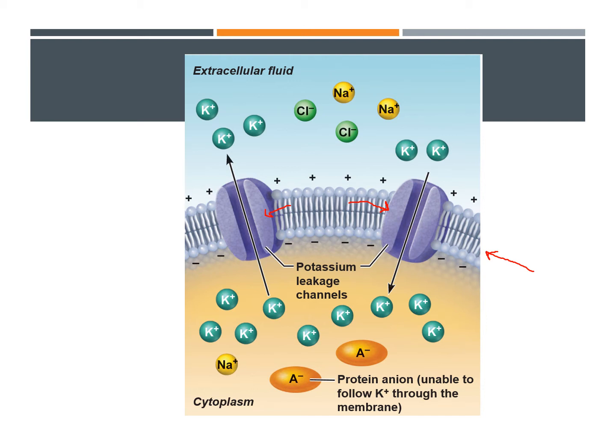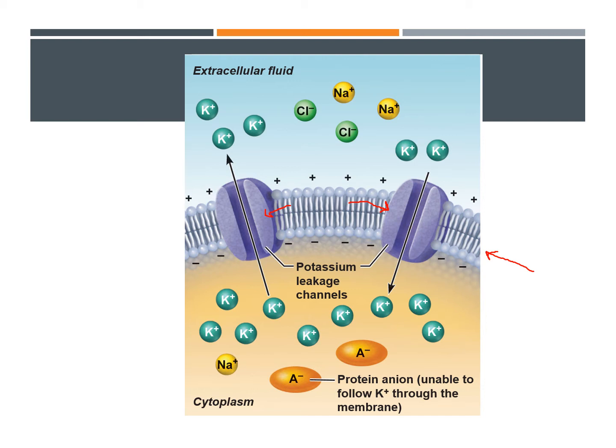And potassium is going to move through these channel proteins down its concentration gradient. So remember, that basically means that potassium is moving from an area of high potassium concentration to an area of low potassium concentration. Now, remember that on the last slide I showed you that the concentration of potassium inside the cell is something like 150 millimolar, and then outside it's only 4 millimolar.